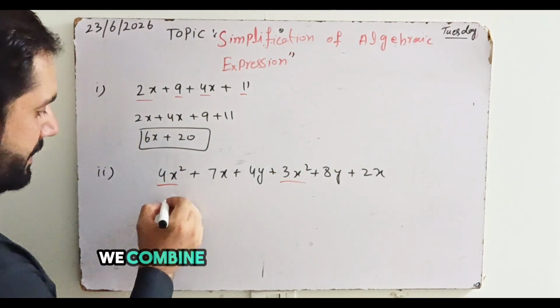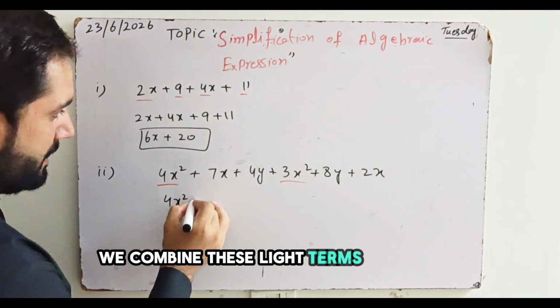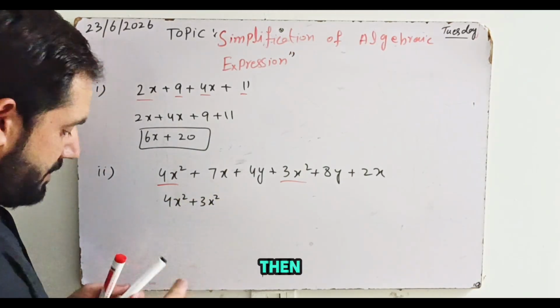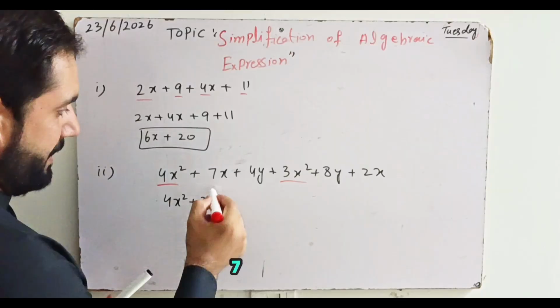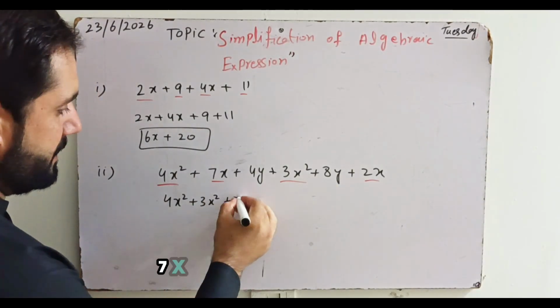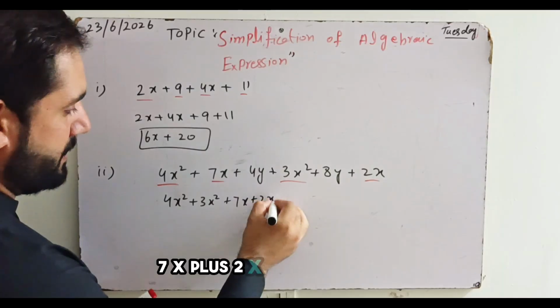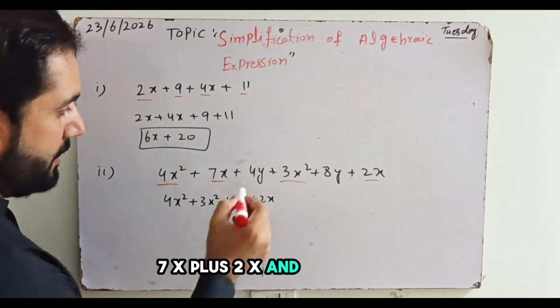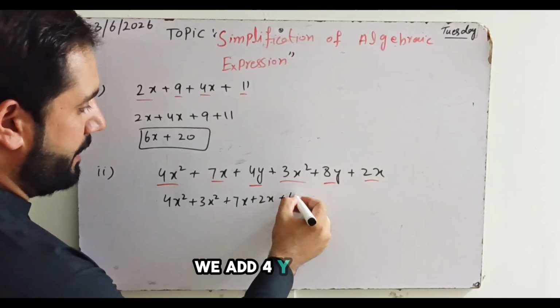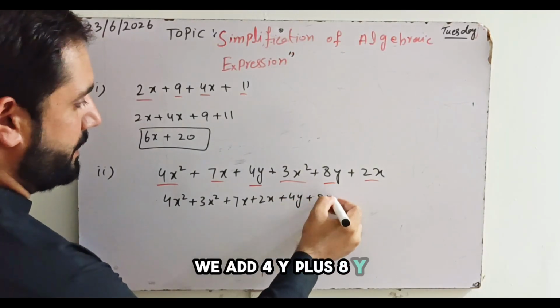We combine these like terms, 4x square and 3x square, then 7x and 2x, 7x plus 2x, and 4y and 8y, we add 4y plus 8y.